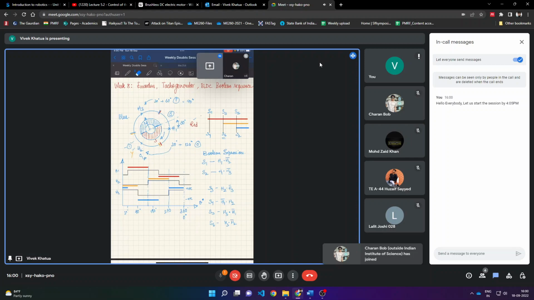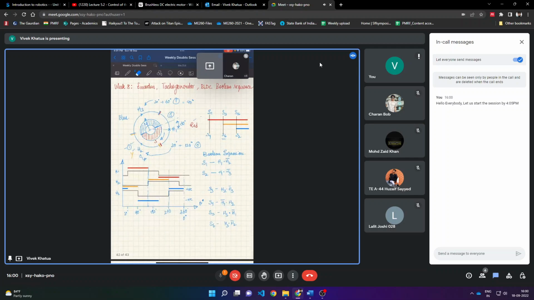So there were some questions regarding the switching logic for a BLDC motor. I'll be covering that before going on to this week's assignment.